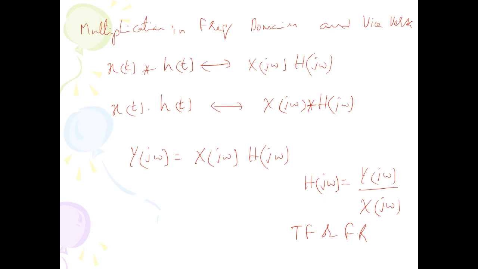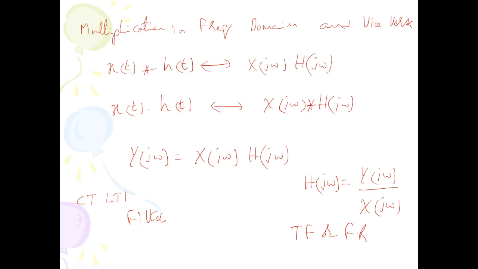Now if you observe, depending upon the input signal, H of j omega is multiplied to get the output Y of j omega for the continuous time LTI system. In the frequency domain, this LTI system can be used as a filter.